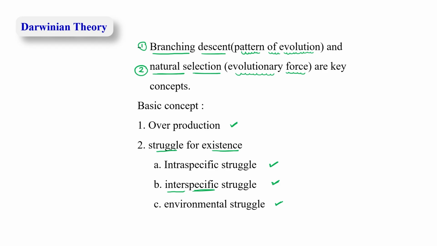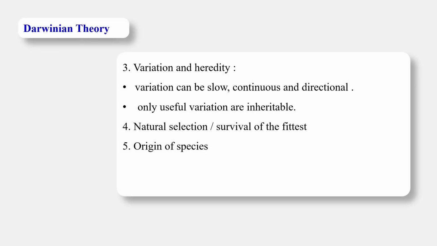So for the sources and for the limited space, individuals within species or within two or three types of species fight each other for their survival, and also for the various environmental factors, right? They have to tolerate the changed environment. That type of individual is only able to survive further.